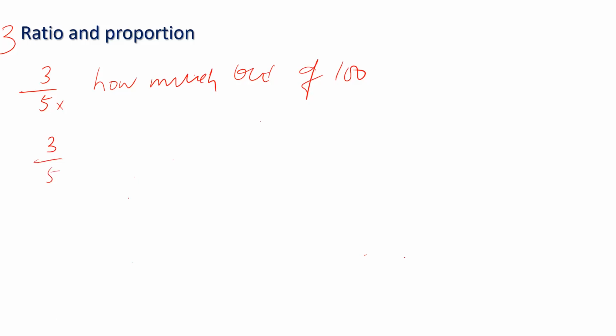So 3 upon 5 will be multiplied by 20, both numerator and denominator, and you write 60 upon 100. Naturally that will be turned into 60%. Okay, this way we can convert ratio into percentage, and the requirement comes every now and then.